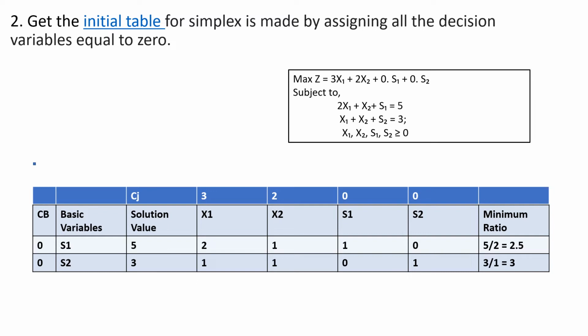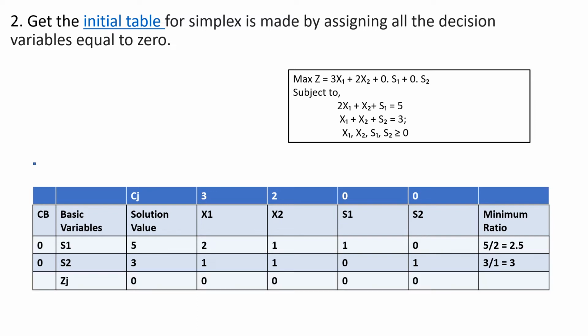Once we make this, next we will calculate the Zj value, so the next row will be the Zj row. How to compute Zj? For the solution column, it will be 5 into 0 plus 3 into 0, which gives you 0.